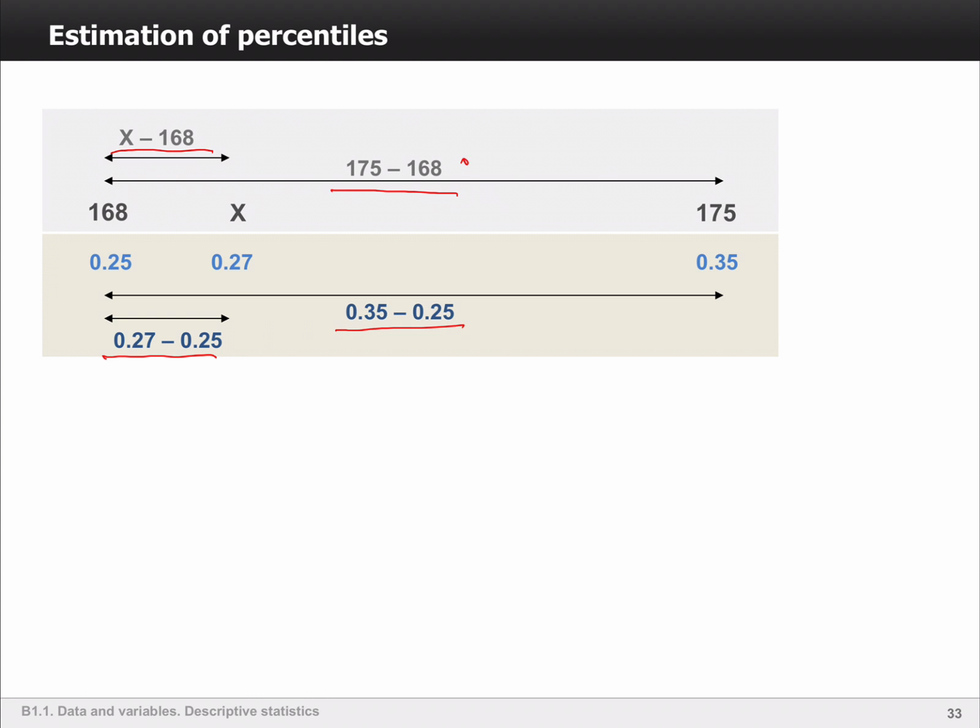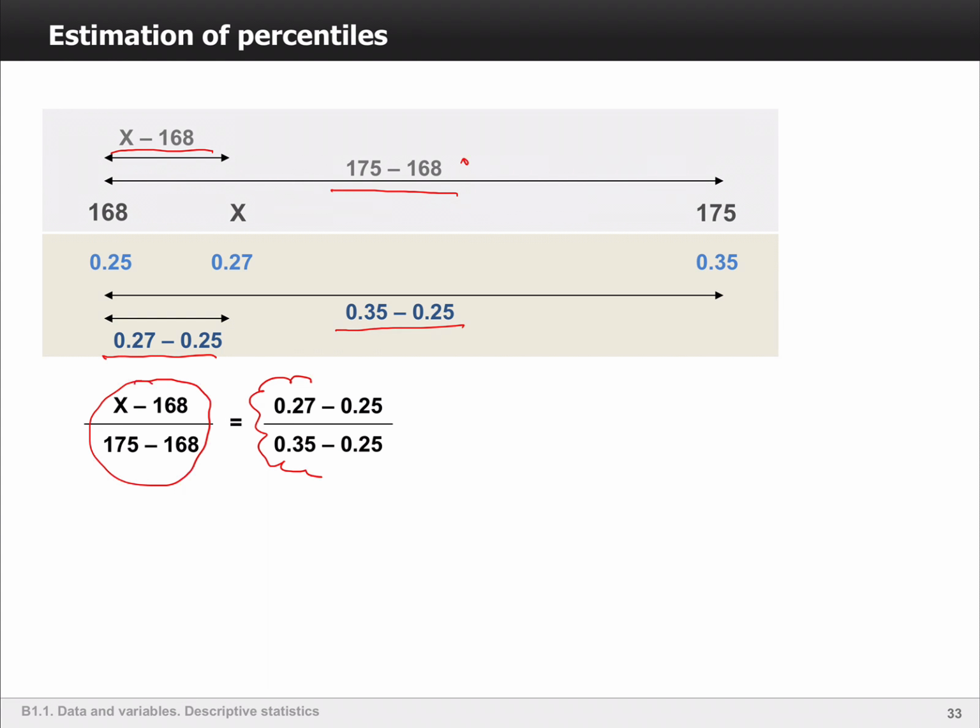Okay, so let's use that. We just write a sort of equation. This is the ratio of distances in the value space, and this is the ratio of distances in the percentile space. Now we can use very simple math to solve this equation and find x. First of all, we can multiply both parts by 175 minus 168, here and also here.